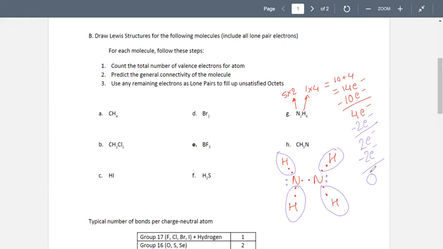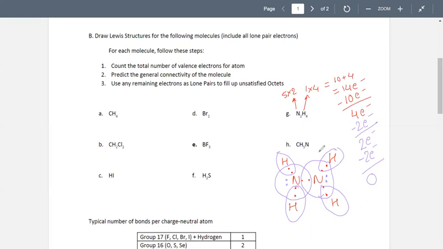Now I have to make sure the octet is complete or not. 1, 2 for the nitrogen, 1, 2, 3, 4, 5, 6, 7, 8. So its octet is complete. And for this also, it is complete. So that means all of these atoms obeyed their octet rule. So my drawing is complete.